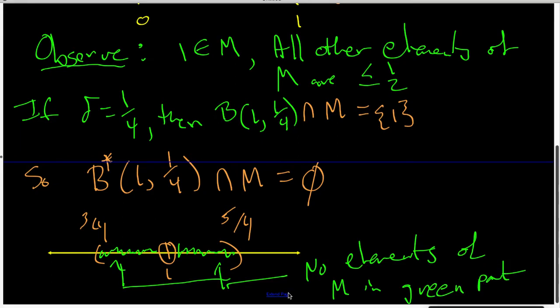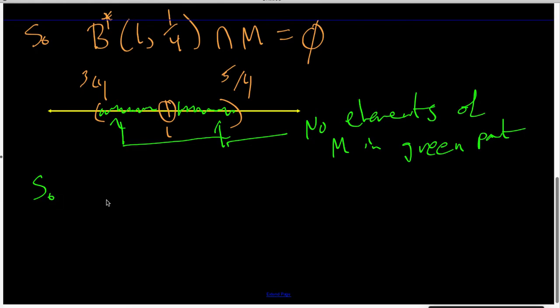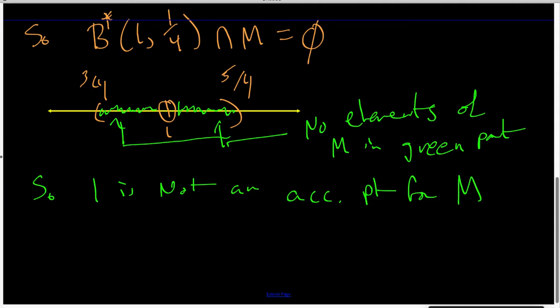And what does that mean? That means 1 is not an accumulation point for our set.